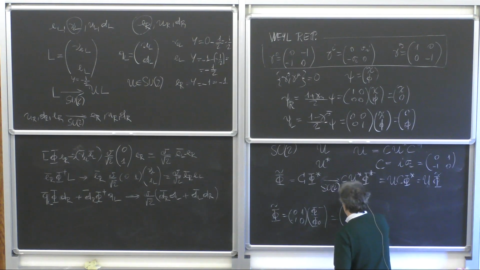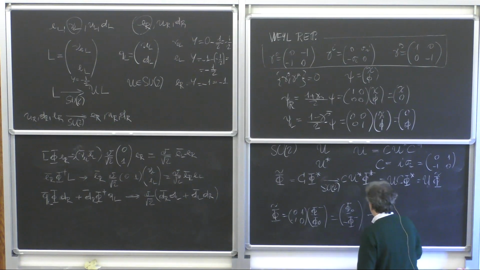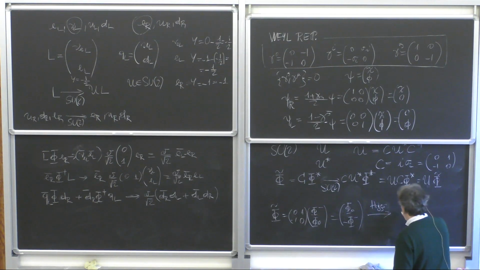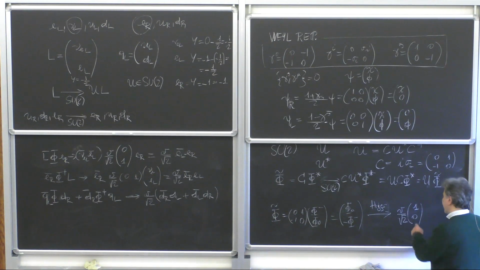So this is phi 0, minus phi minus. But with the Higgs mechanism, the spontaneous breaking of the symmetry, this will go to V divided by square root of 2, 1, 0. So the upper component.